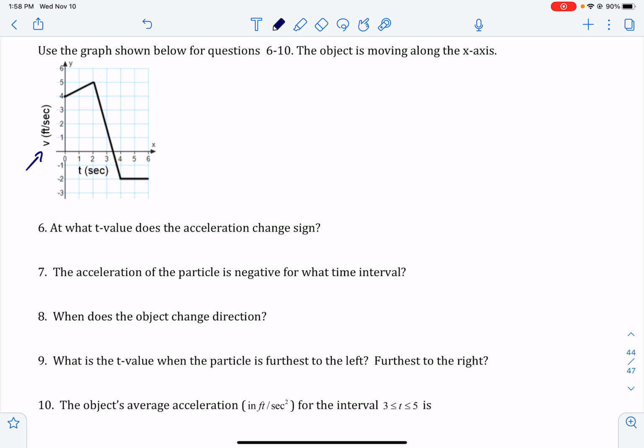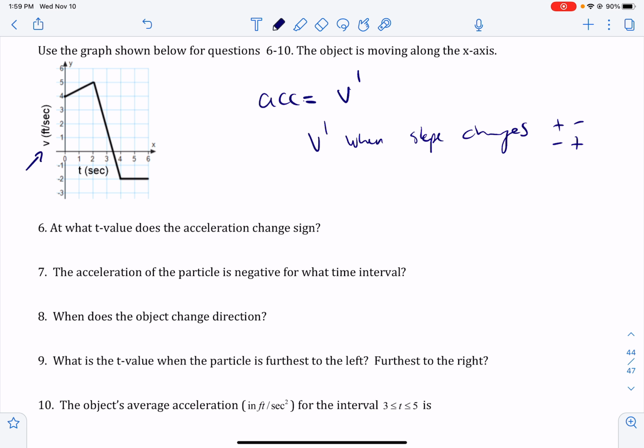Now I am looking at my velocity graph. The derivative of my velocity graph, remember, acceleration is velocity prime. So I want to know when does velocity prime change signs? And that happens when my slope changes from positive to negative or from negative to positive.